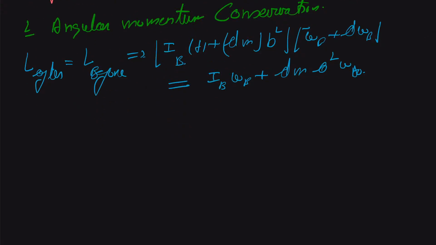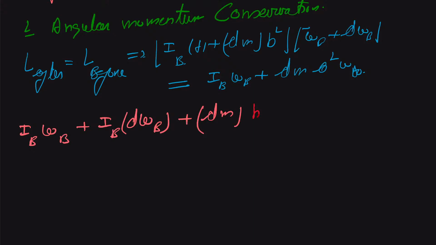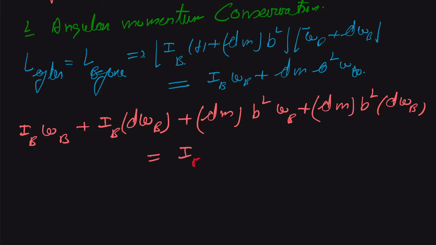So we open the bracket, we get this as our IB omega b plus IB d omega b plus dm b square omega b plus dm b square d omega b, and this is equal to IB omega b plus dm a square times omega a naught.